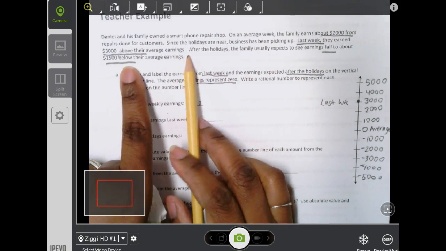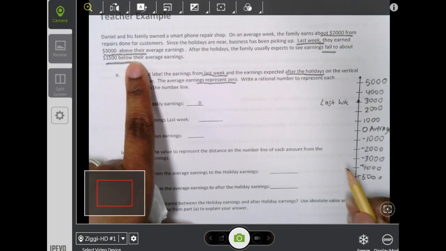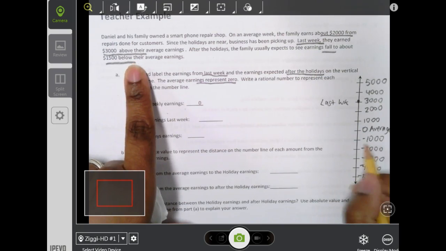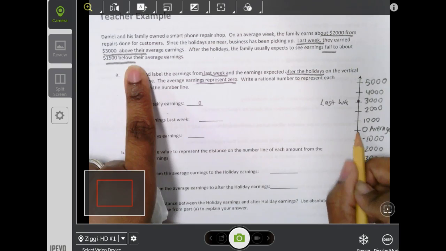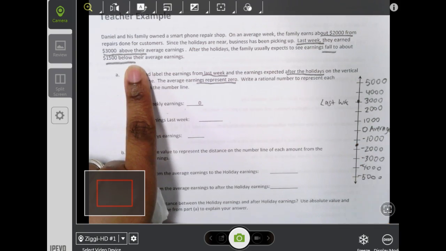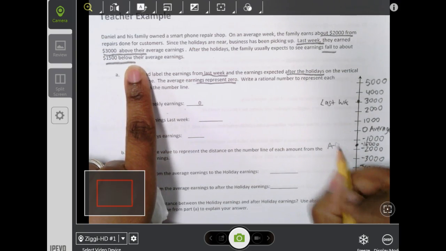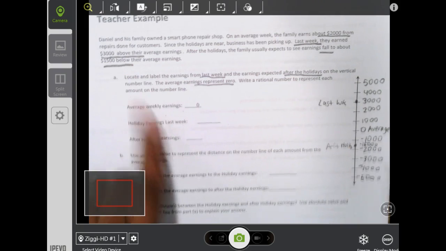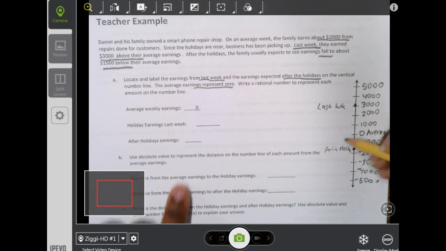And after the holidays, they said 1,500 below. So we're going to start at 0. We're going to move down to 1,000. Halfway between 1,000 and 2,000 is negative 1,500. And this represents after holidays. Alright, so now we have labeled our number line.